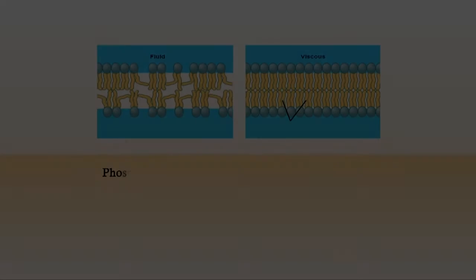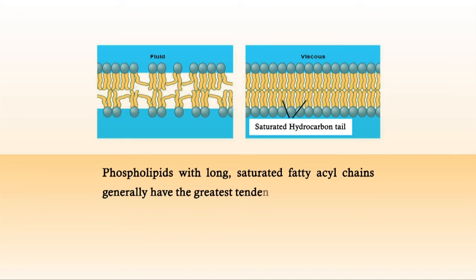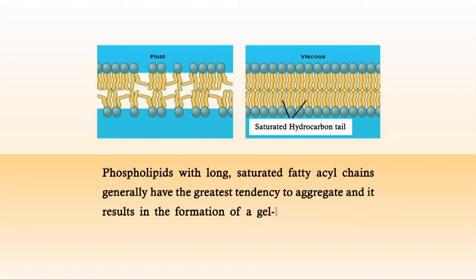Van der Waals interactions and the hydrophobic effect are responsible for the aggregation of the nonpolar tails of phospholipids to form the hydrophobic core. Phospholipids with long saturated fatty acyl chains generally have the greatest tendency to aggregate, and it results in the formation of a gel-like state of tightly packed molecules.